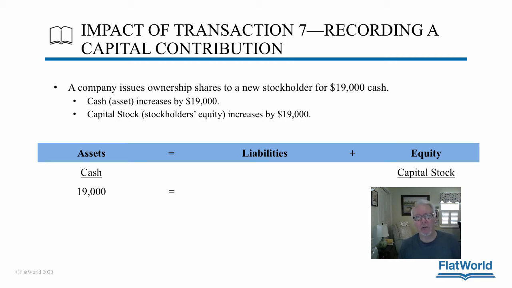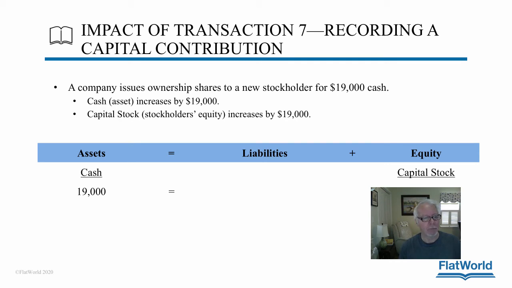It's not revenue, it's not expense, okay? It's an increase in the equity because the owner or owners or shareholders, whoever it is, has infused money by buying capital stock. That's a capital contribution. When that happens, in this case, a company issues ownership shares to a new stockholder for 19 grand in cash.